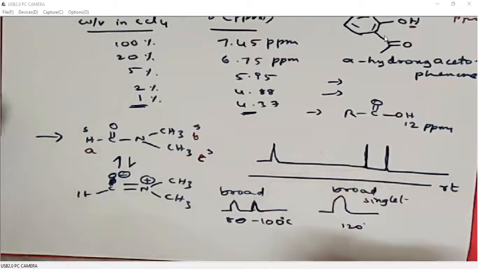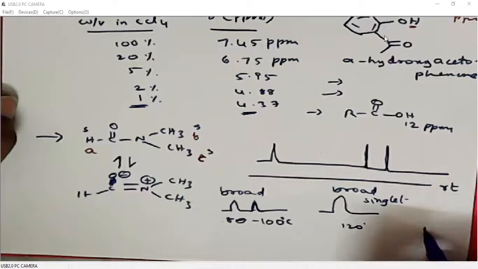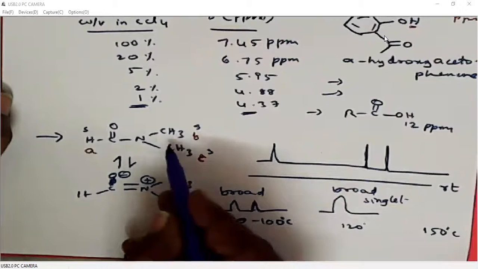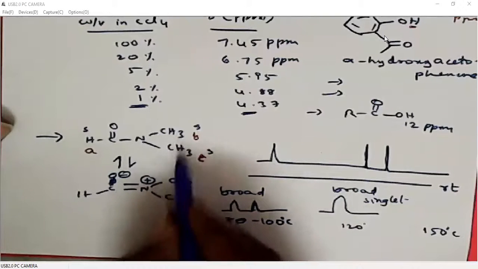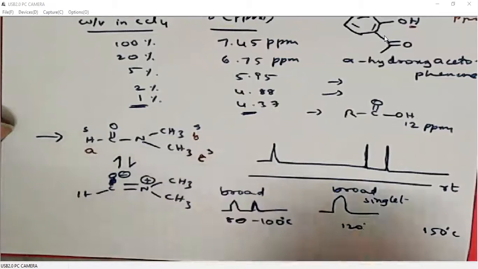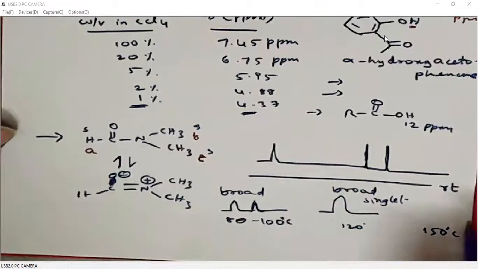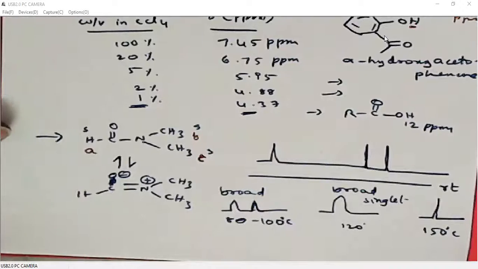If we increase the temperature further, say for example 150 degrees centigrade, what will happen? Now we cannot separate these two. These two become chemically equivalent, so that we will get a sharp singlet. So we can have temperature effects on amide bonds.